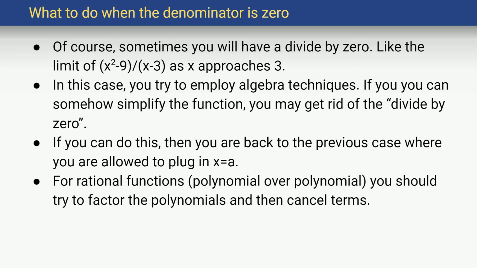And the reason for that is that if the numerator and the denominator both become 0 at x equals a, then you might have a limit. If the denominator becomes 0, but the numerator is just a number like 5, then actually you don't have a limit because the function will become infinite.